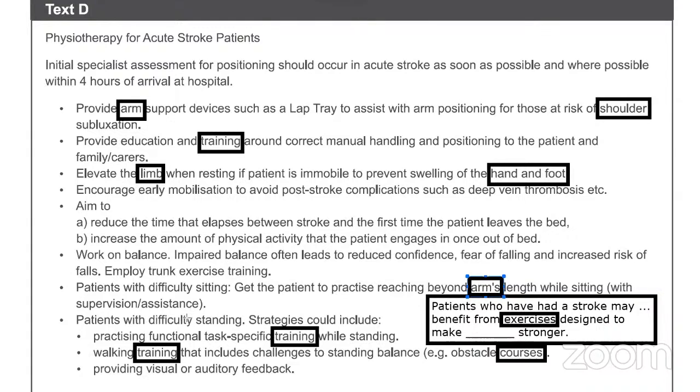Patients with difficulty standing. Standing with what? See the words which are given already. Task specific training while standing. So exercises for standing, exercises designed to make dash stronger. Now relate.